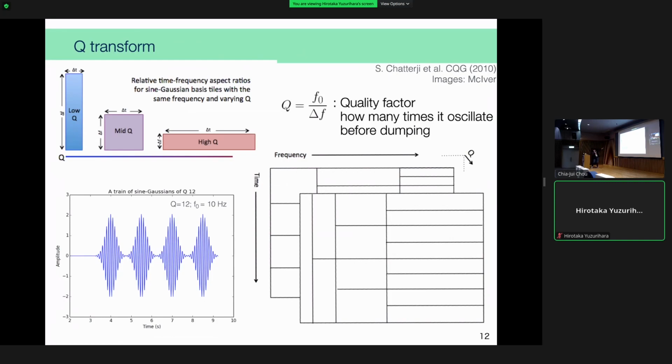On the other hand, in the case of low Q, the signal damps very quickly, so we need very high resolution in the time direction. The right bottom figure is a combination of such tiles. We compute this transform by changing the Q value and find the proper or best one.